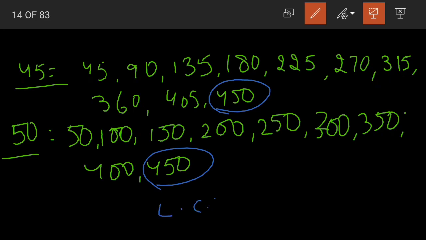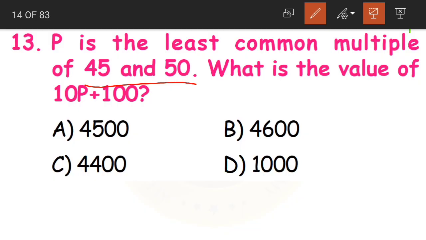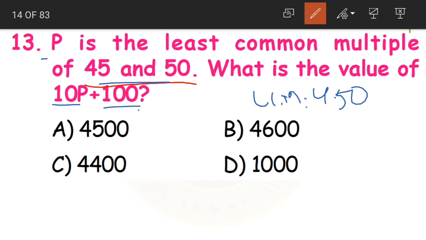So what does that become? It becomes our LCM. LCM of 45 and 50 is how much? 450. Now what should we do? Find out the value of 10P plus 100. This P is 450.